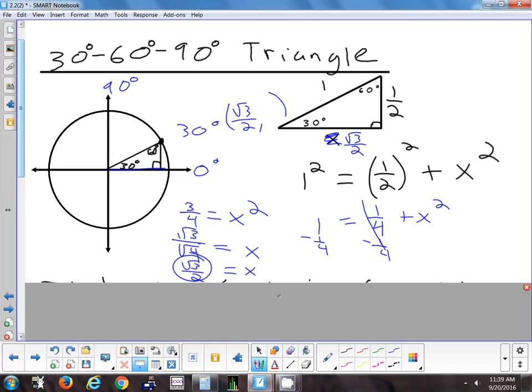That's how far you move to the right. And then how far up? You go 1/2. So that's the coordinates for 30. And now I also want to know the coordinates for 60. Any thoughts about how I can maybe use what I already have to find the coordinates for the 60?